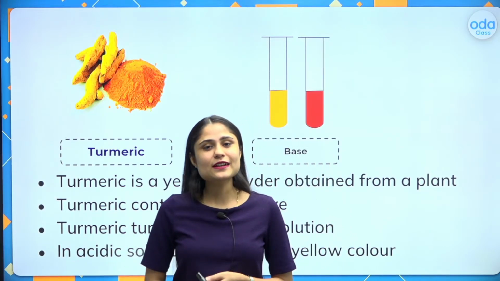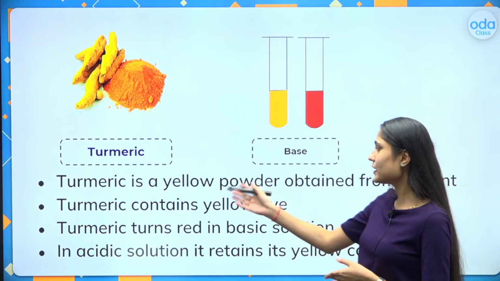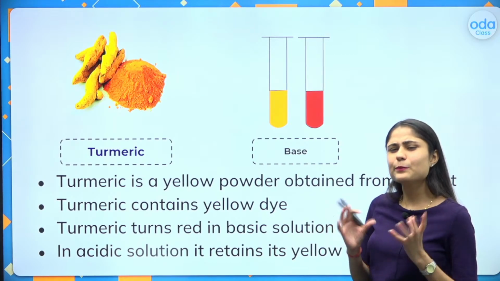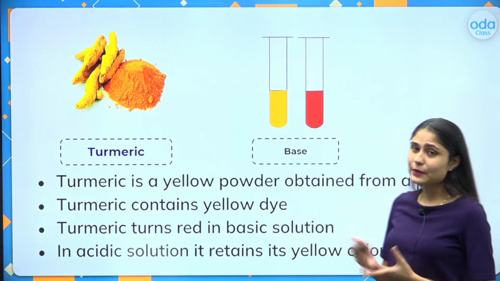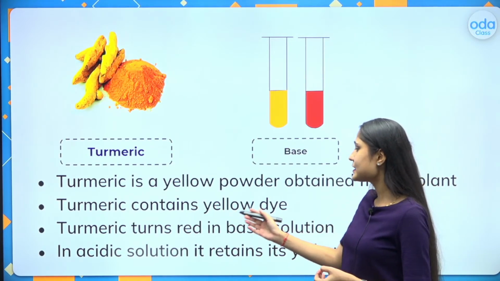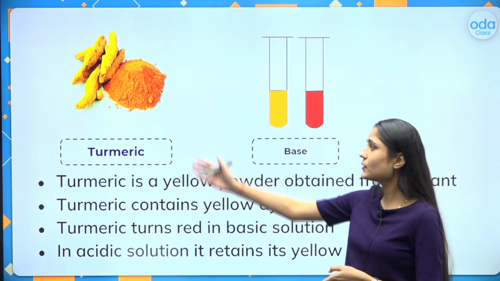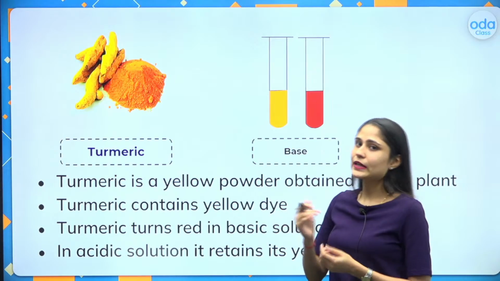So let us dive deep into it and learn more about it. Turmeric is a bright yellow colored powder obtained from the turmeric plant, and turmeric contains a yellow colored dye which acts as an indicator.